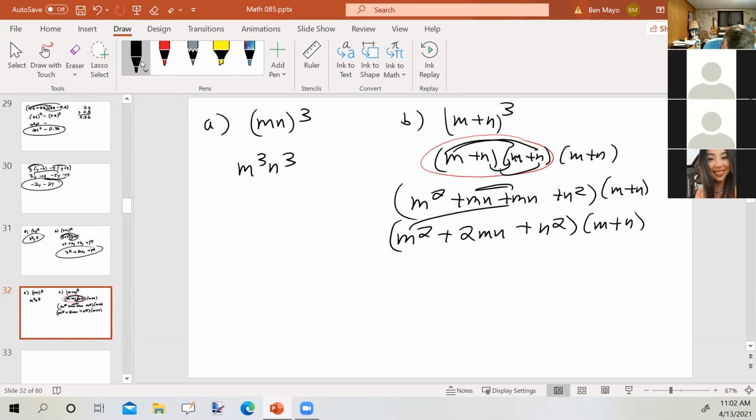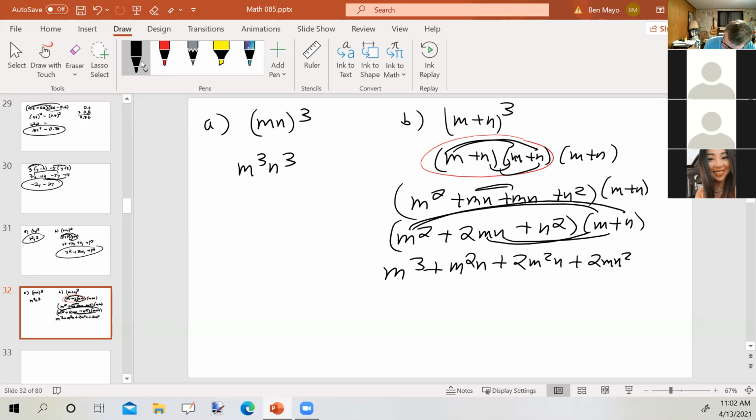Continuing to multiply, m cubed plus m squared n plus 2m squared n plus 2mn squared plus mn squared plus n cubed.